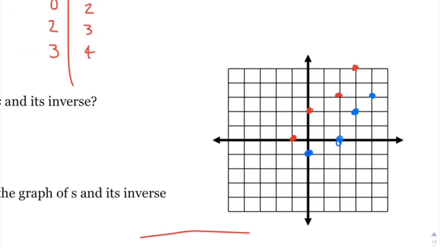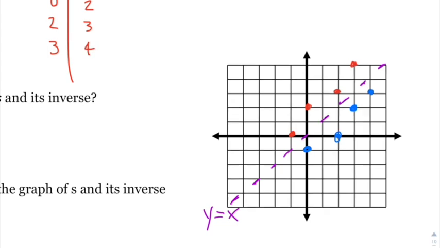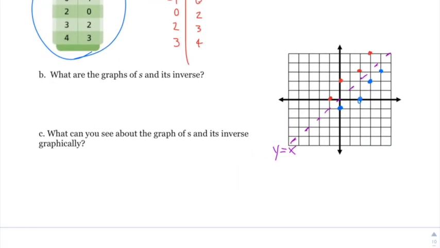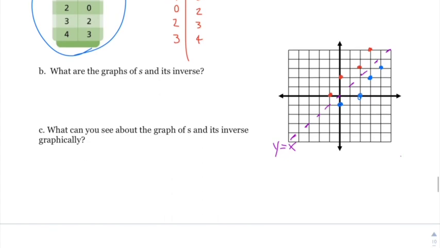If you tilt your paper, and I know you can't really do it on the screen, you can see that an inverse function is a reflection. It has line symmetry across the line y equals x, a diagonal line with a slope of 1. So that's graphically what an inverse looks like.